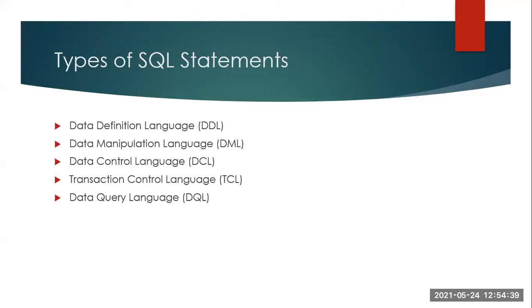Then the second type of language is data manipulation language. You can call it DML. Then there are data control language, DCL, transaction control language, and data query language, where you are finding your data.